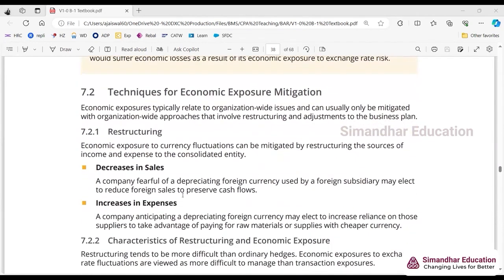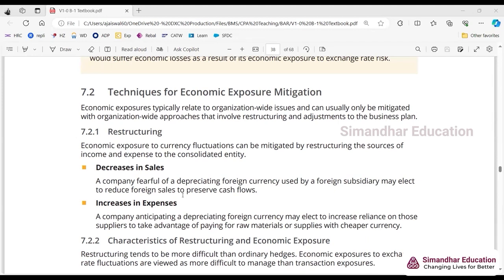Economic exposures. As I was saying, transaction exposures are more in our syllabus and more asked in the examinations also. Economic exposure is much more difficult. Economic exposure means that we are going to change our sales or purchases based on currency. Now, do you think most companies will do this, that they will decide where to sell and where to buy from based only on the currency rates?